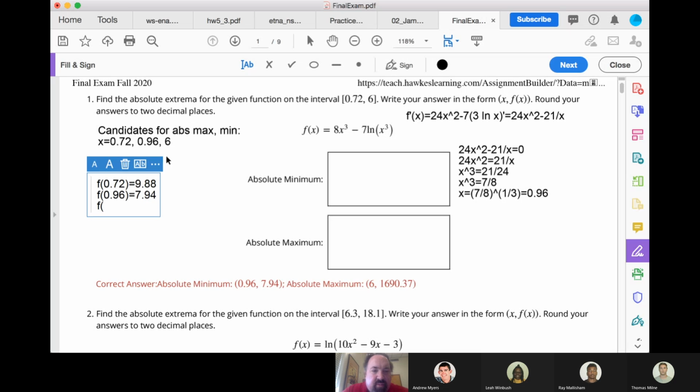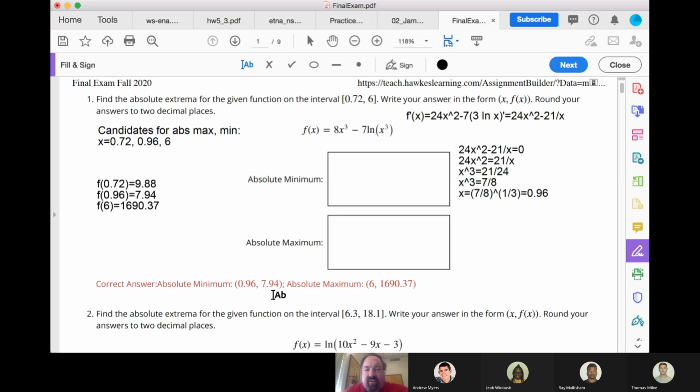And then the last point, 6, that value is going to be a lot larger, and we get 1,690.37. So x equals 6 is where the absolute max happens. That's certainly the largest value. Smallest value happens at the critical point, 0.96.